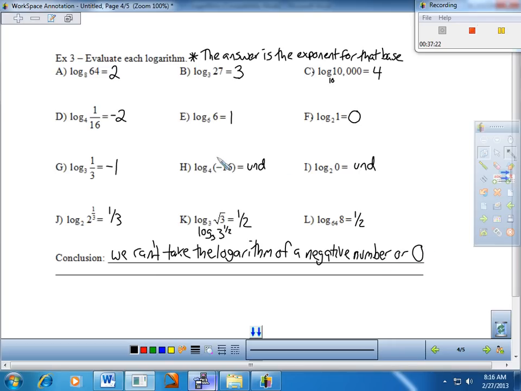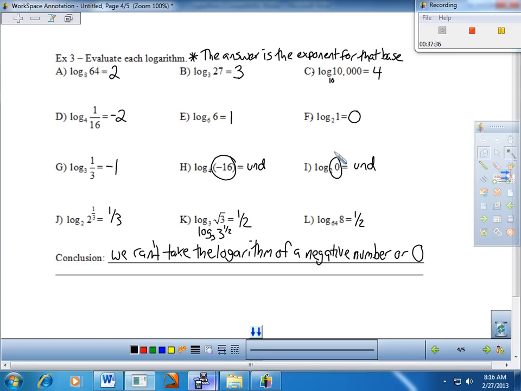Look at your answers from letters H and I. Now, our answers can be negative or a 0. But what we would call the inputs of the logarithm, and I'm going to go ahead and circle that, those just simply don't work. That's what I mean by we can't take the logarithm of a negative number or 0.